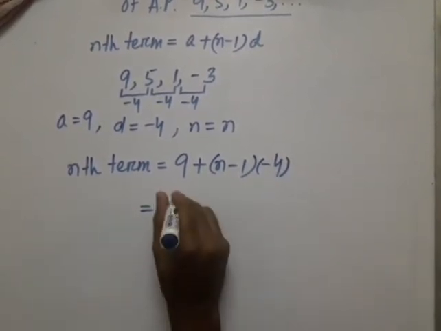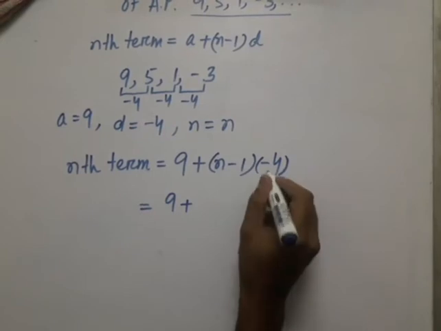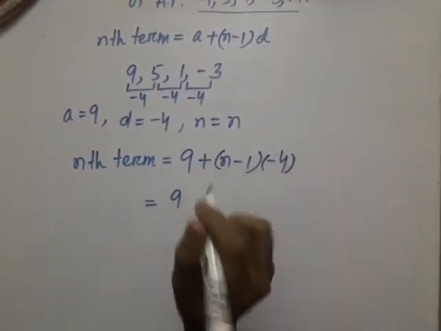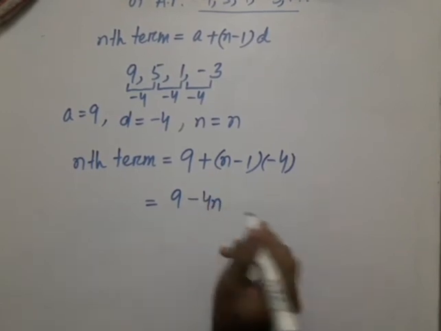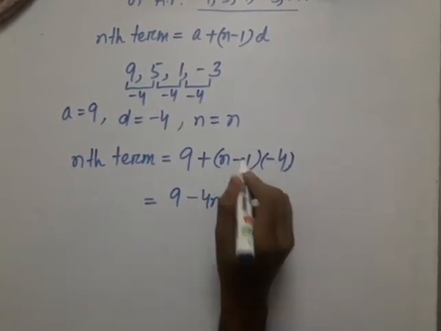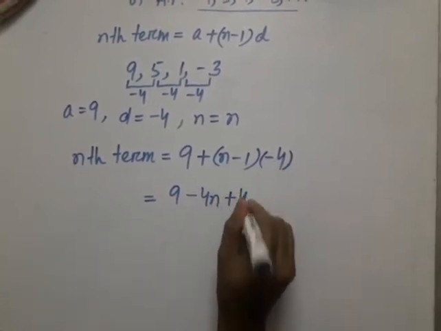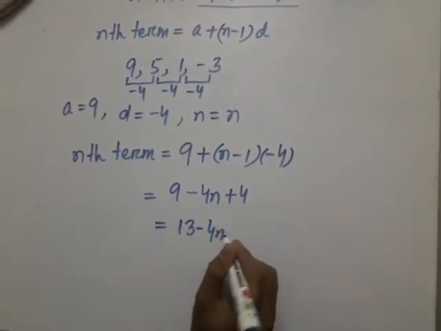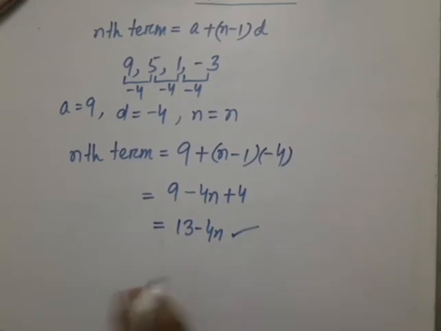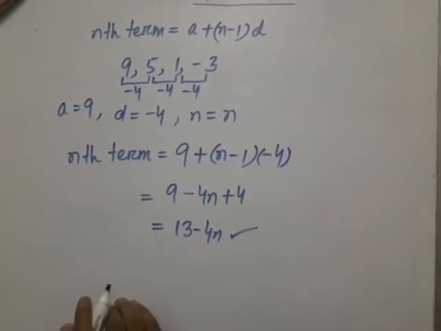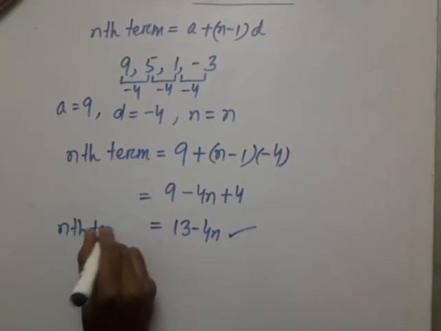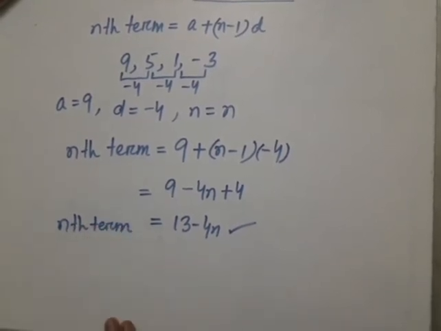Now we shall solve it. 9 plus minus 4 into n, we have minus 4n, minus 4 into minus 1, we have plus 4, which is equals to 13 minus 4n. So this is the nth term. Okay, the nth term we have as 13 minus 4n.